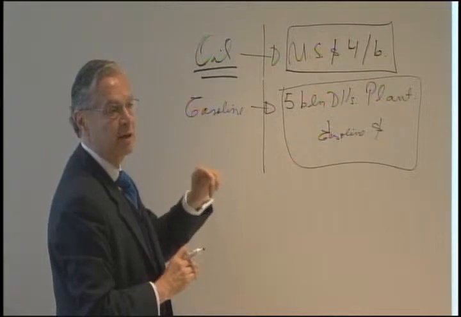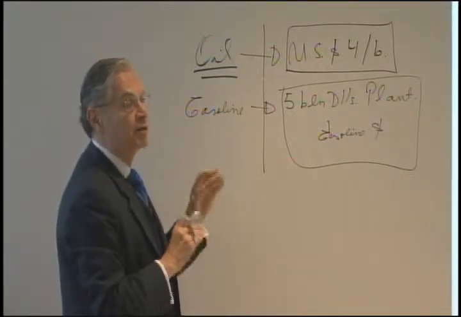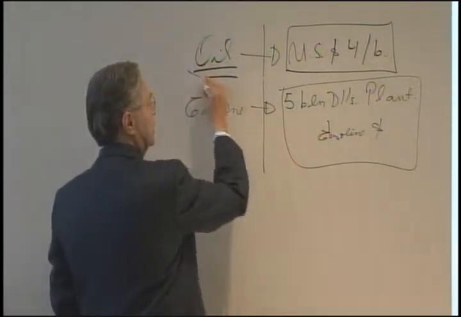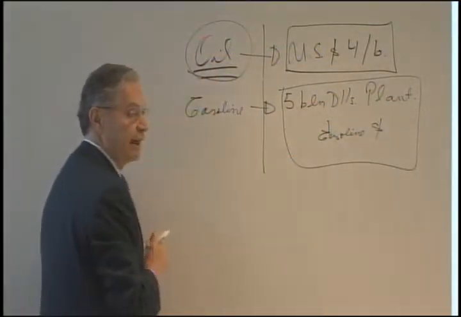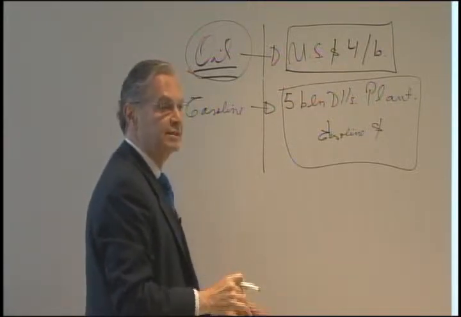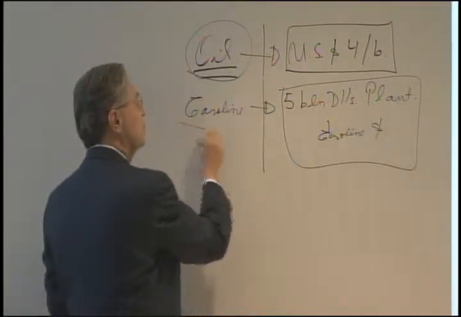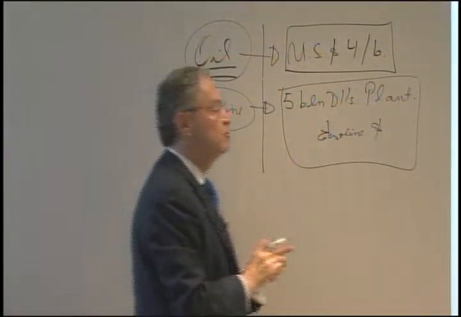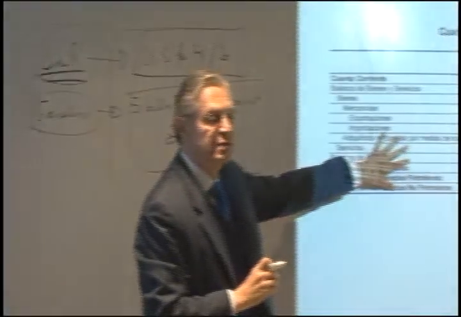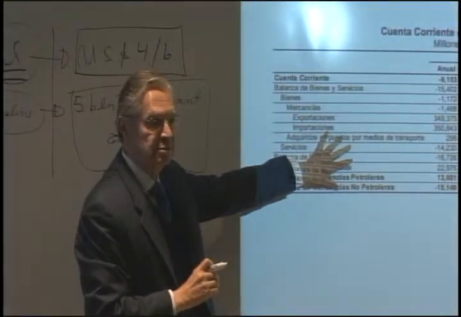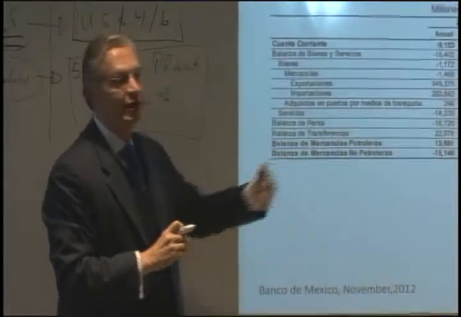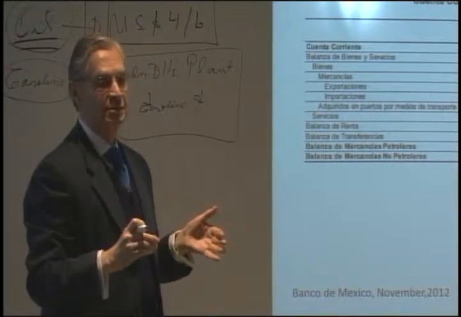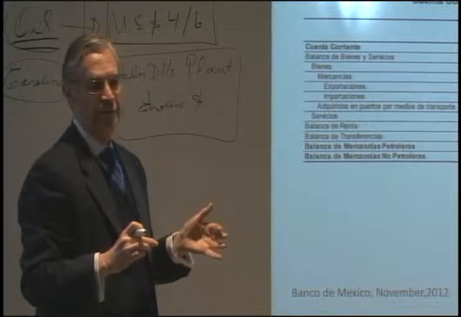So if Pemex were really a private company, what Pemex would be thinking is, it is convenient for me to extract the oil in Mexico, put it into barrels, send it to the United States, transform it into gasoline and bring it back to Mexico. In the balance of payments, that transaction is going to show as exports of oil, imports of gasoline. In the account balance of Pemex, this is called intra-trade.